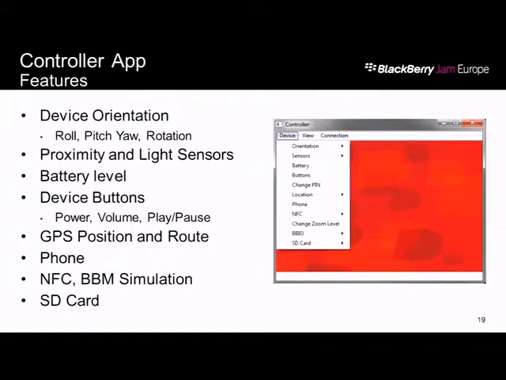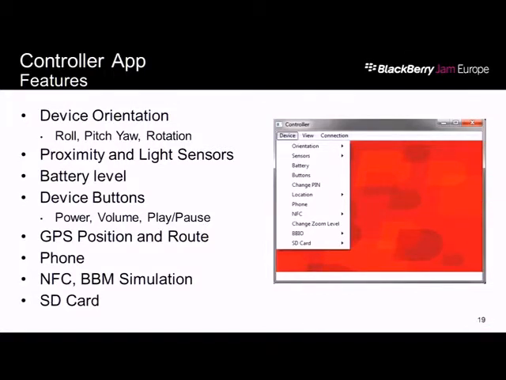So not just portrait landscape, but if you want to do different degrees in there. Also adjusting proximity and light sensor values if you have an application that wants to interact with that. As I said before, changing battery levels.